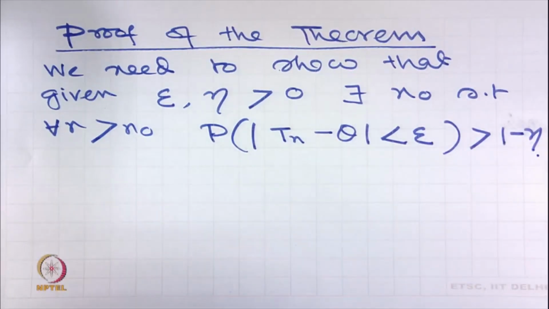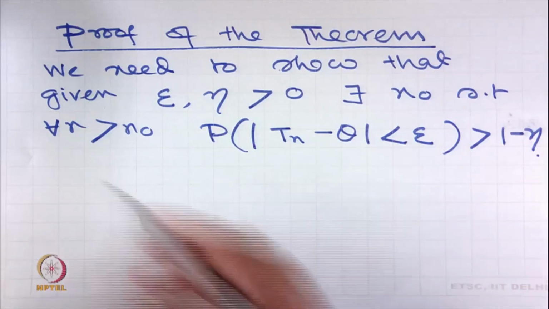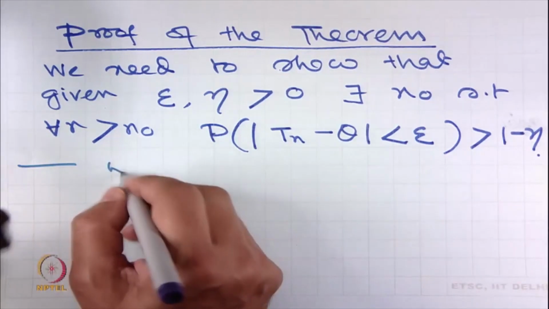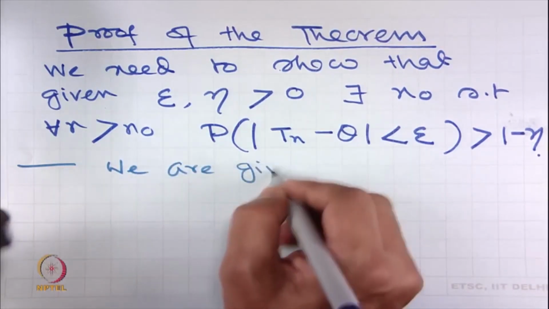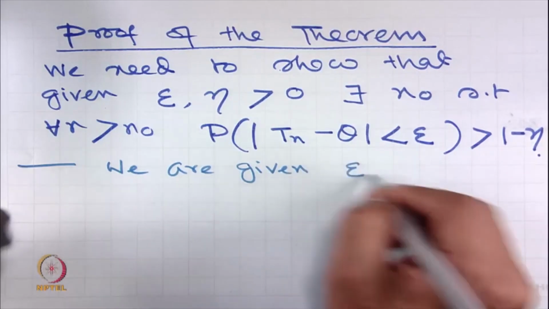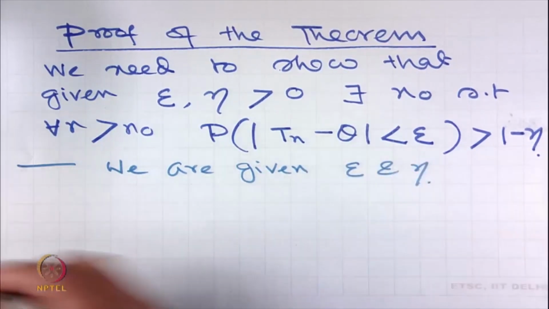So, this is what we will have to prove. So, we are given epsilon and eta.